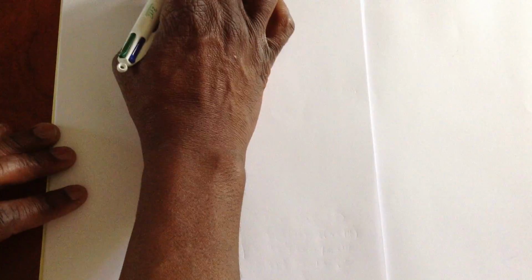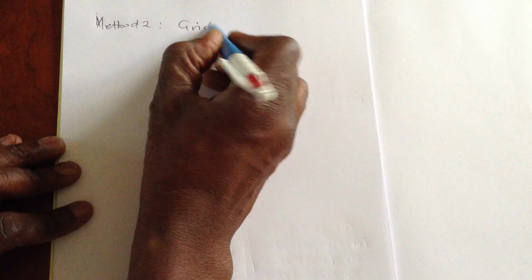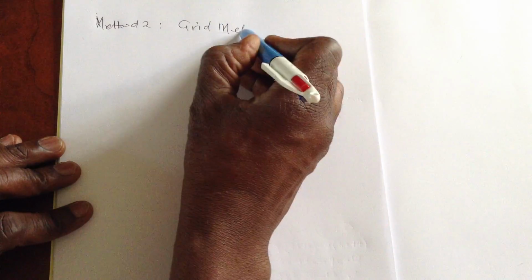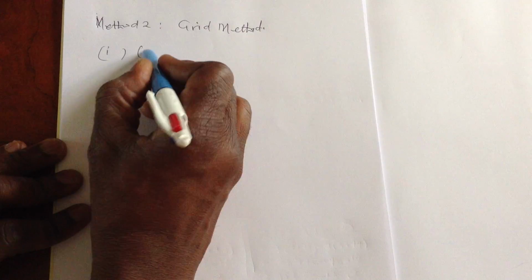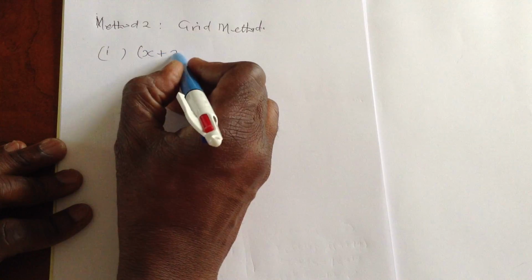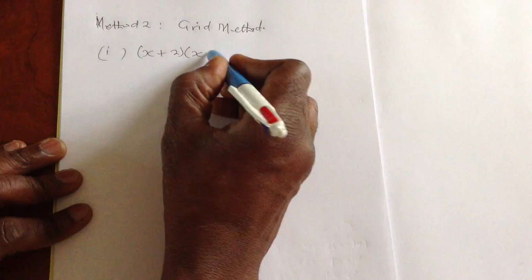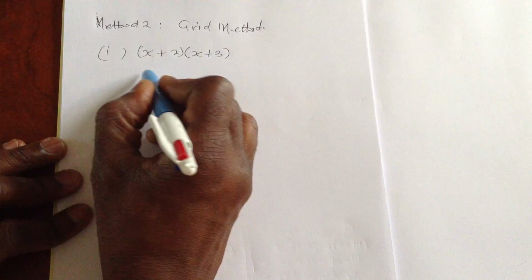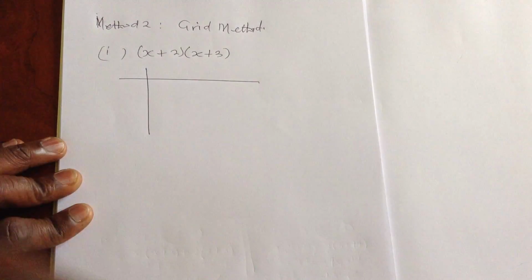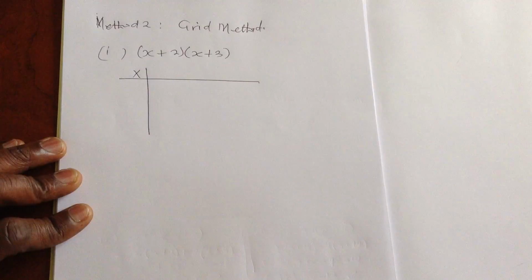Method 2. Method 2 is the grid method. Okay, so doing the same examples, I'm going to consider x add 2 and then x add 3. You start by creating a grid, which is a multiplication grid.